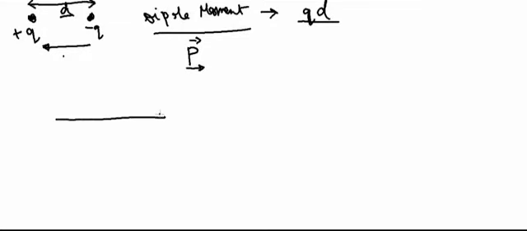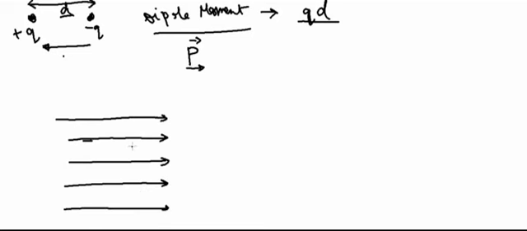So if I have an electric field in a region, and I place a dipole at a general angle theta to the electric field, so this is theta, this is plus q, this is minus q, then this dipole, when it is kept in this electric field, again electric field is a vector, experiences a moment or torque.